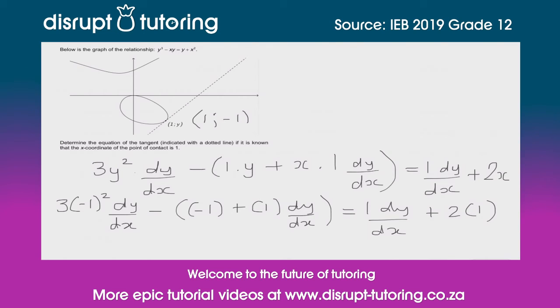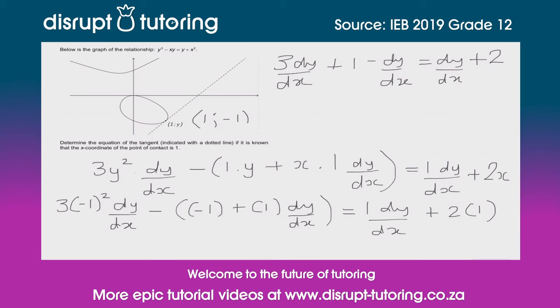Okay, and then we can multiply that out. So we have 3 times minus 1 squared, which is 3 dy by dx, minus 1 minus another dy by dx, equal to a dy by dx plus 2.